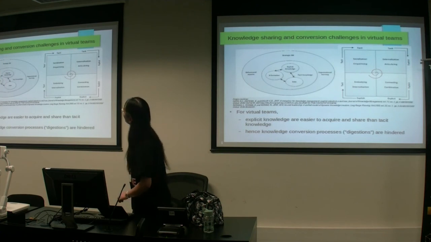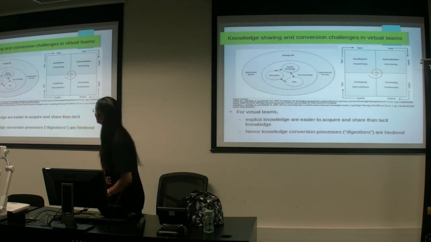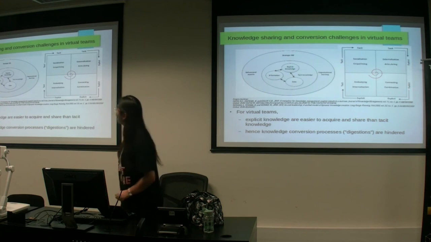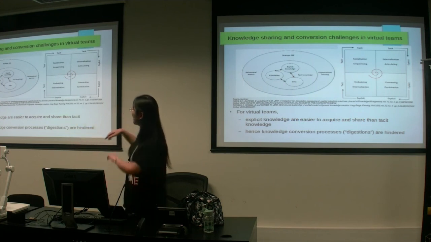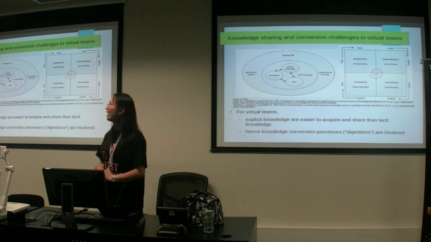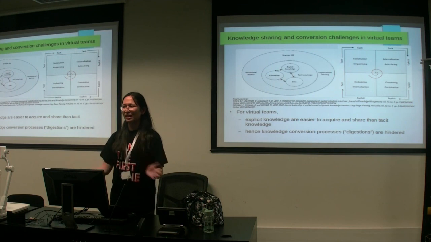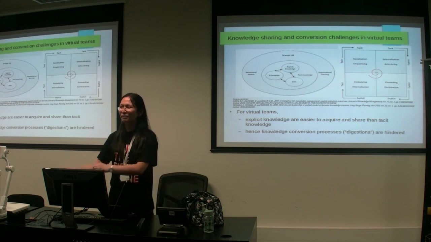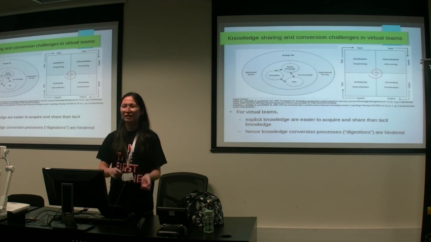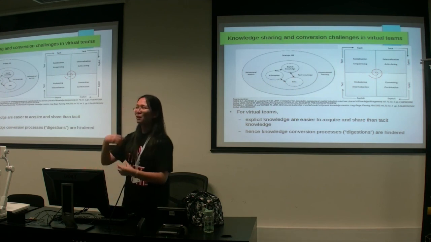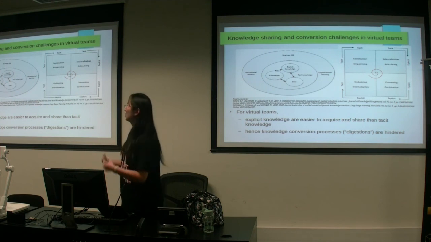And also for knowledge sharing. Because virtual teams are separated all around the place, they find it difficult to acquire tacit knowledge. Tacit knowledge is things that you can't really write in a document or an email. You have to observe someone's behavior over a longer term in order to acquire it.